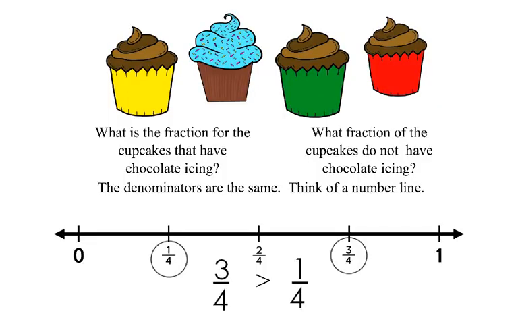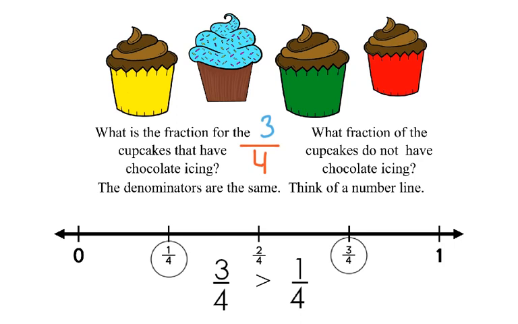So let's think in this instance, what fractions of the cupcakes have chocolate icing? I see there's 1, 2, 3, 4 total. And then I see 1, 2, 3 that have chocolate icing.